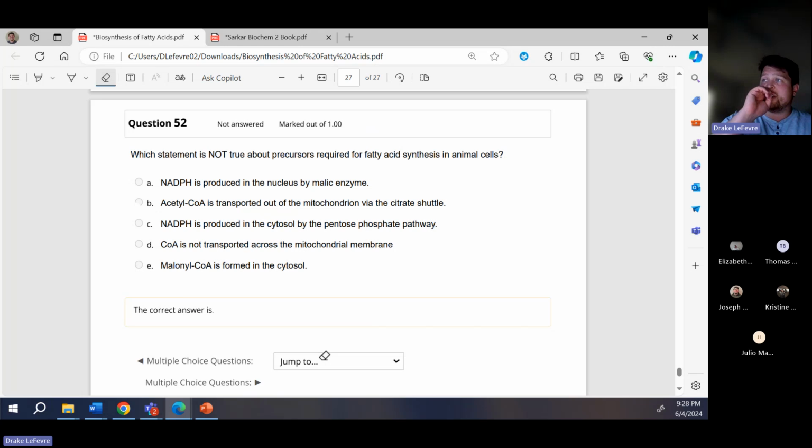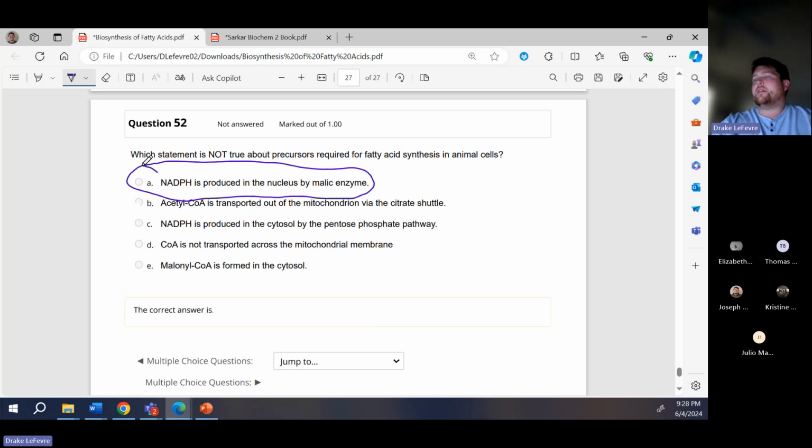Which statement is not true about precursors required for fatty acid synthesis in animal cells? NADPH is produced in the nucleus by malic enzyme. There's a lot of words here, but the answer is this first one, because NADPH is not produced in the nucleus.